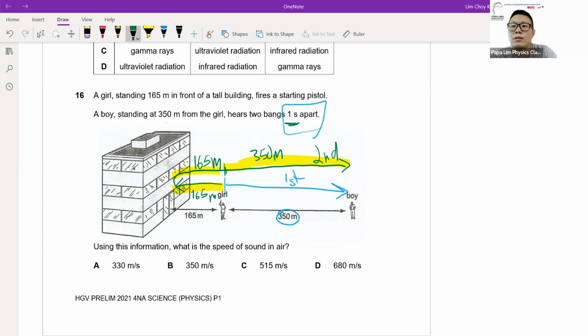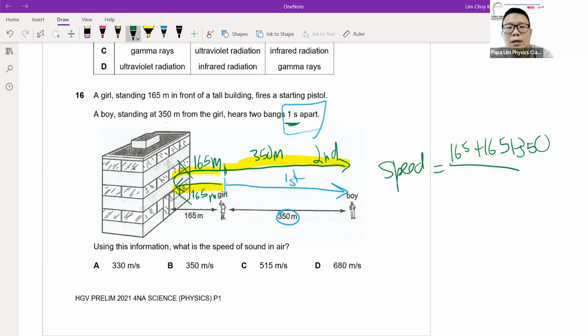So I will know the total distance traveled and the time span, which is 1 second. So I will definitely find the speed of sound in air. Distance divided by time, so you'll have 165 plus 165, this and this, plus 350. How long do I need? 1 second apart. With this number here, you will be able to calculate the answer, and you'll find that the answer here will be A, 330.